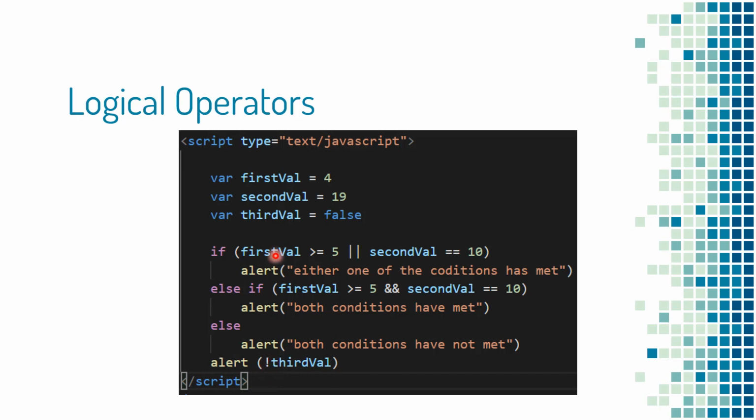For example, the initialized value here is false. If you print out this output here, it's going to give you true, because it gives you the opposite of the current value.